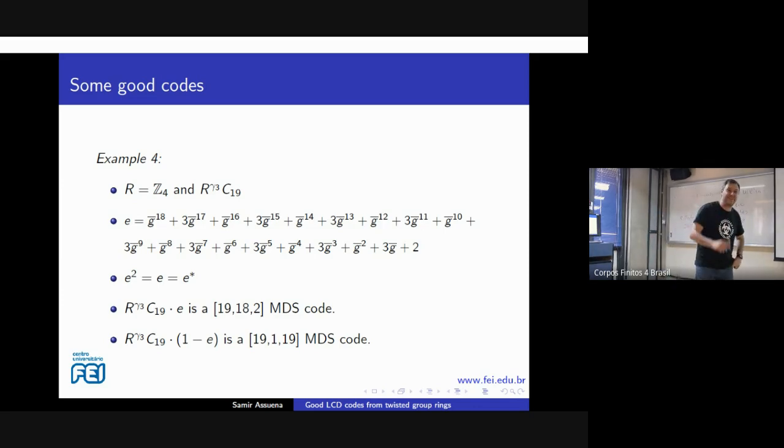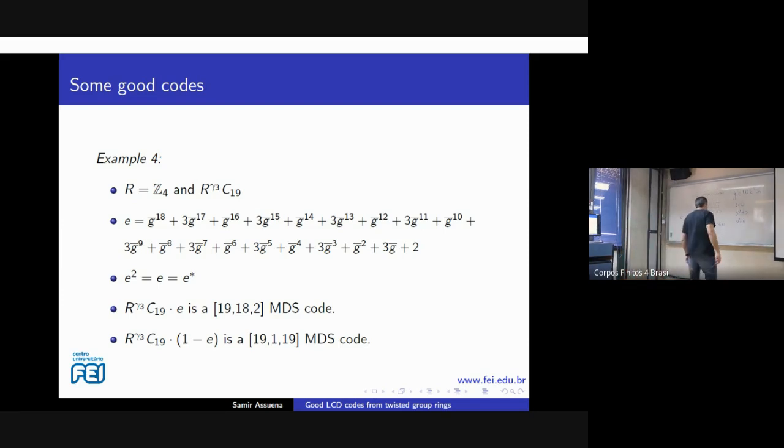Another question? I think it was already treated, because LCD is very close, though it's a different condition: not intersection with the dual, but dual inclusion. For quantum codes, there is this condition from Calderbank, Shor and Steane: the dual has to be contained in the code.